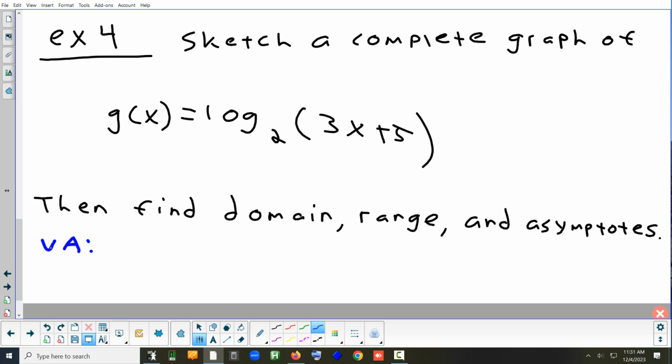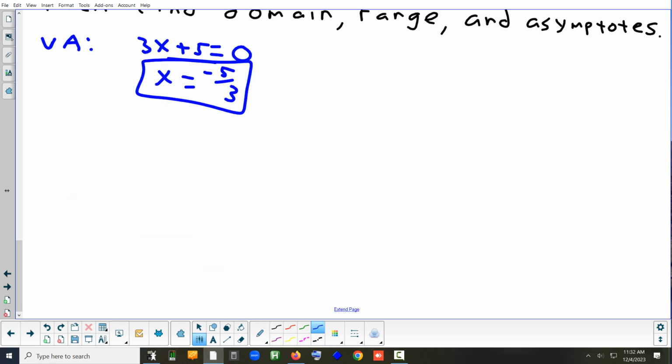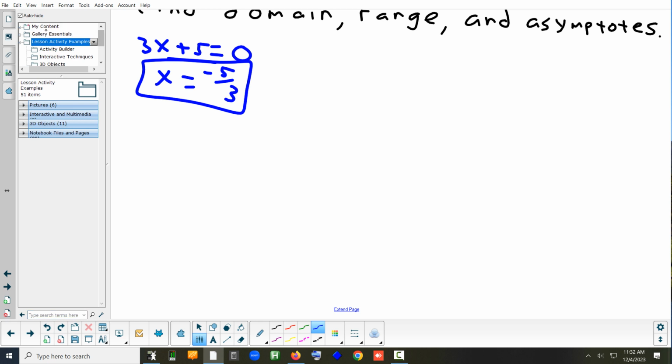How do we find the vertical asymptote? In this case, what will equal 0? 3x plus 5. So my vertical asymptote is going to be x equals negative 5 thirds, which is about negative 1.6. It's helpful to know the decimal when you make your sketch. Let's put that on our sketch right now.